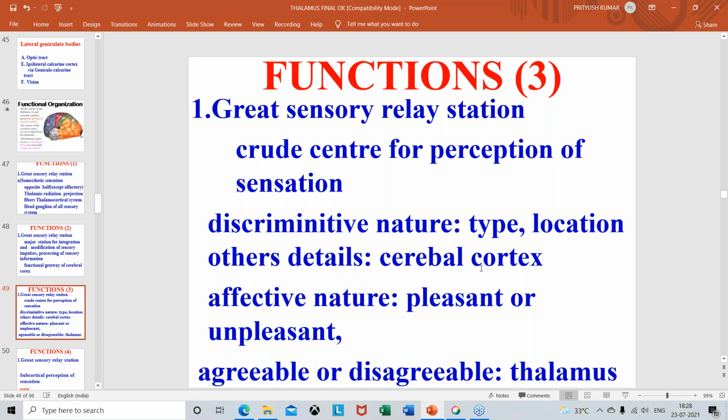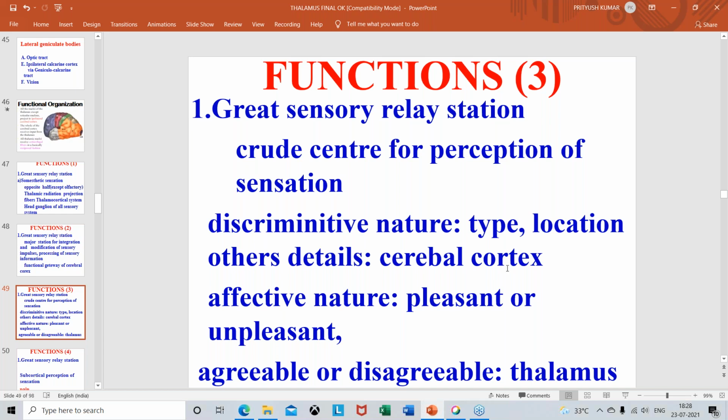By the help of the cerebral cortex, you are able to know the type, location, and other details of the sensation. Where is the sensation, in the upper extremity or the lower extremity? Which type of sensation is there? Is it pain, touch, vibration? This is done by the cerebral cortex.